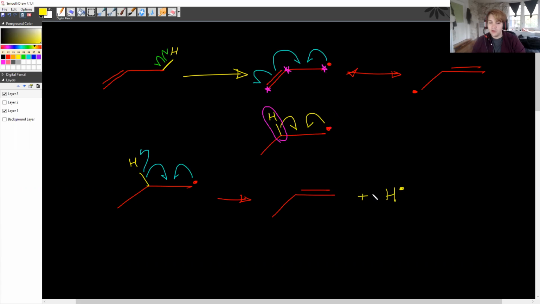And what I'm basically trying to get at here is that this double bond may be more stable. It may not be more stable. We don't know. We'd have to look at the bond dissociation energies. And what I want you to be aware of is that there's a potential for this bond to, again, homolytically cleave.